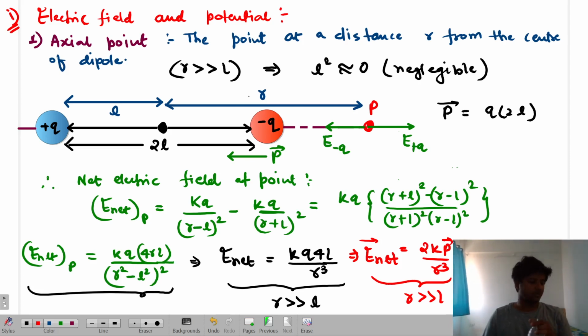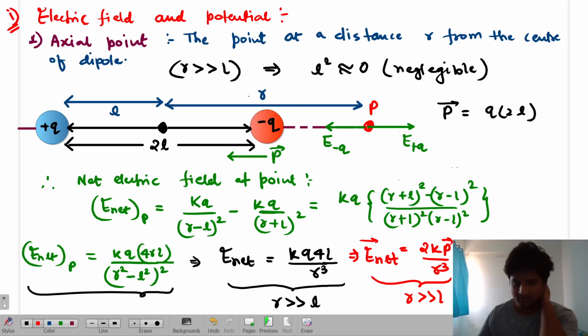Now find the potential at point P. Try by yourself. Should I do?